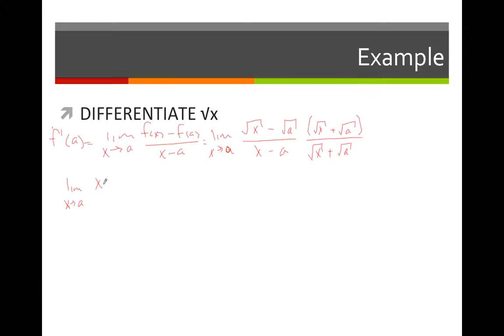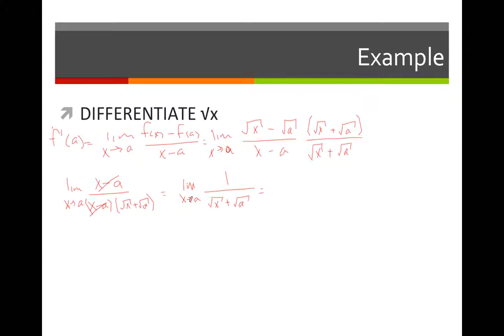So it becomes x minus a all over x minus a times radical x plus radical a. And we need to simplify. Here I get x minus a over x minus a. Well, that's good. Now I get the limit as x approaches a of 1 over the square root of x plus the square root of a.